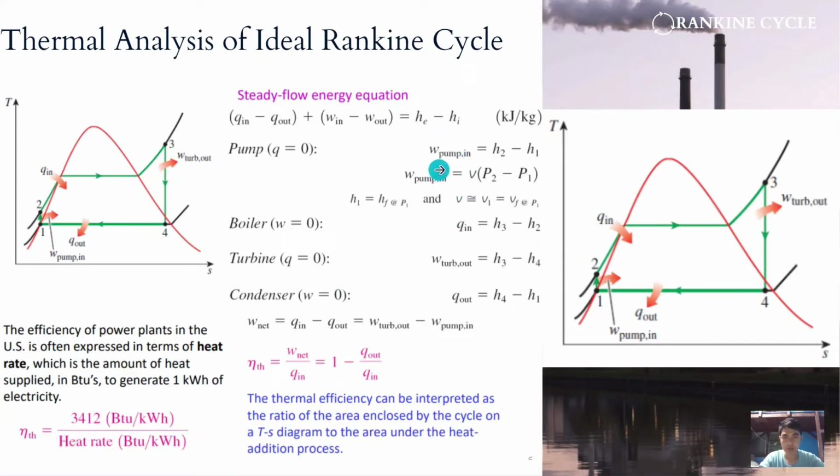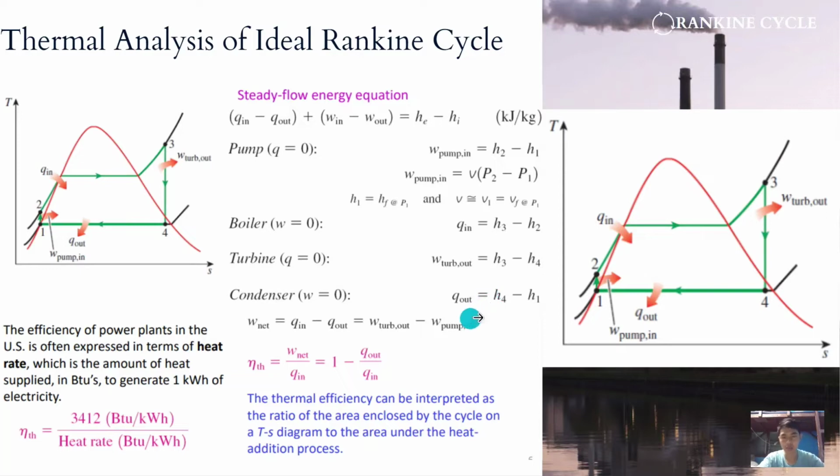For the pump, work pump in is H2 minus H1, which can also be expressed as specific volume times pressure 2 minus pressure 1. Heat in is H3 minus H2. Work out is H3 minus H4. Heat out is H4 minus H1.